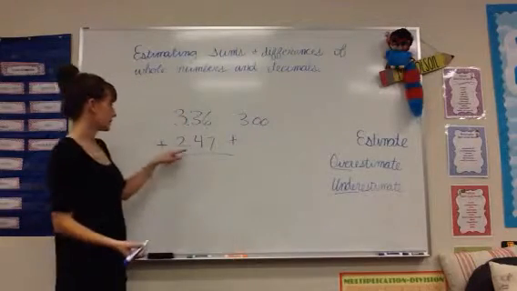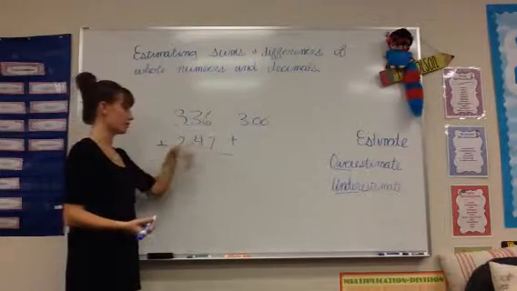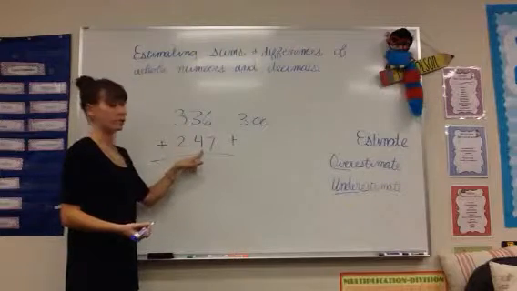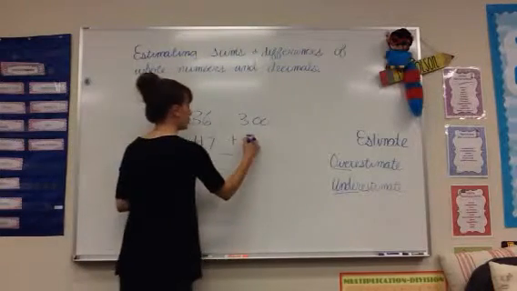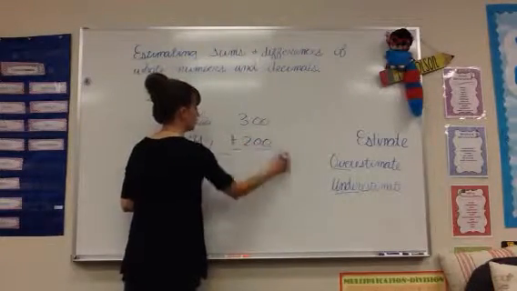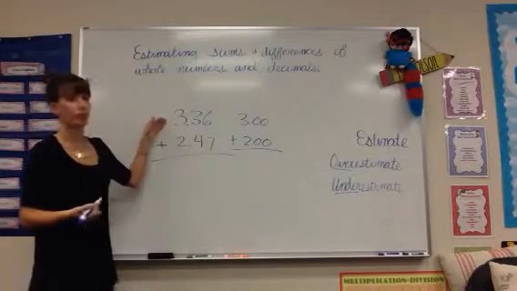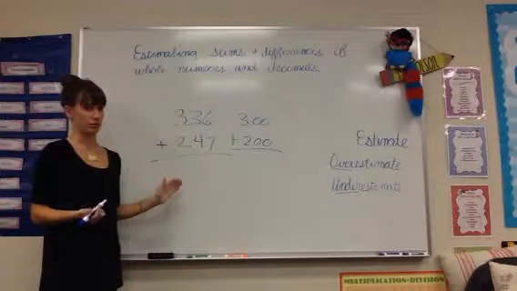We're going to add it to 2.47, which rounds down because 4 is less than 5. 2.00. So now we've rounded both of them down, right?